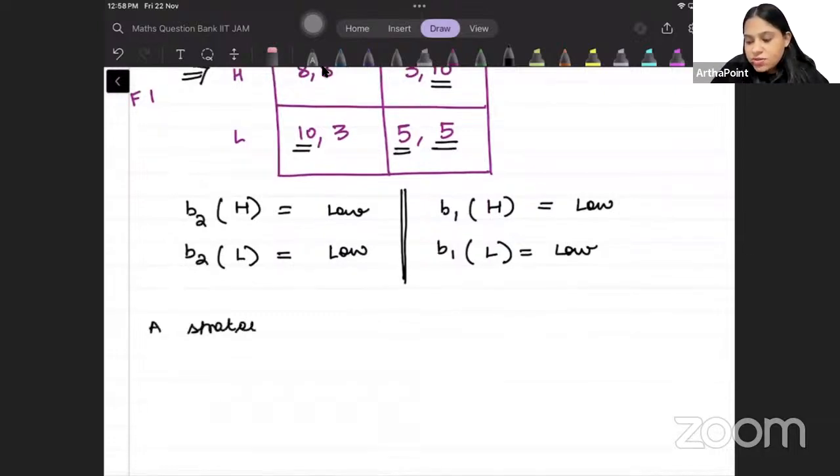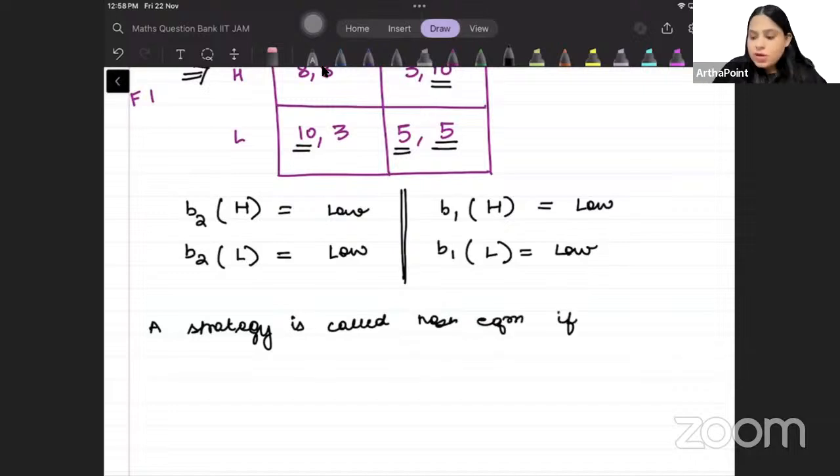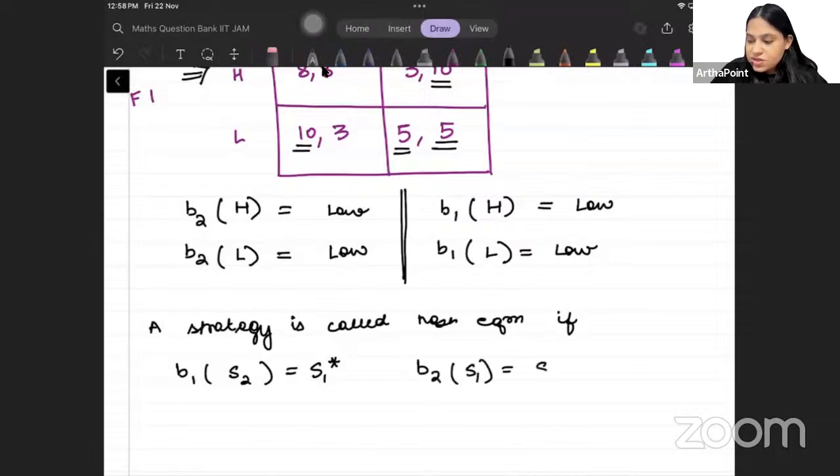A strategy is called Nash equilibrium if the best response of firm 1 to strategy of firm 2 is S1 star, and the best response of firm 2 to strategy of firm 1 is S2 star.